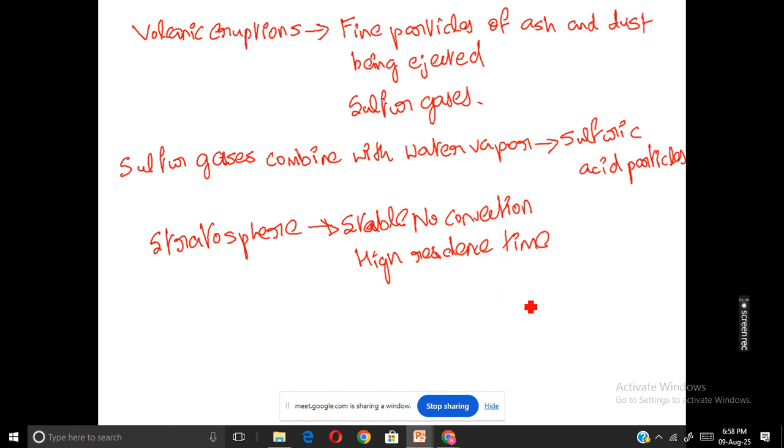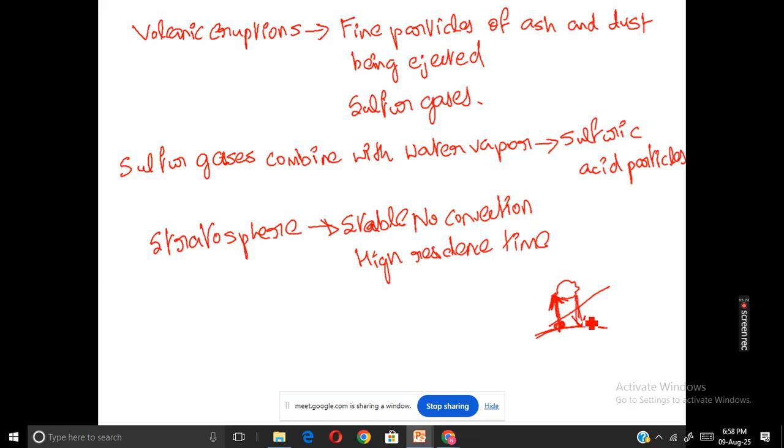In the troposphere, the surface is warmed and the temperature decreases with height, so there is constant transfer of heat from the surface to the atmosphere. Warmer air parcels at the surface start going up, and as they rise they cool down, form clouds, and precipitation and all other weather activities happen in the troposphere.